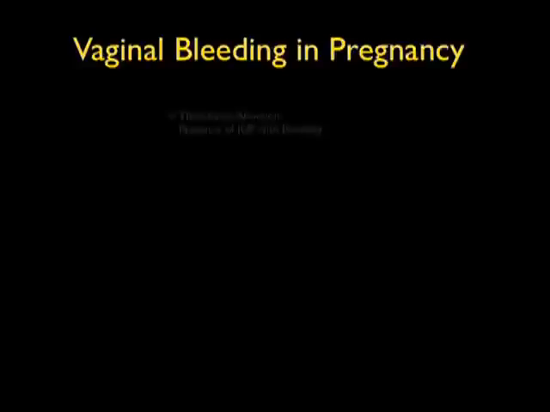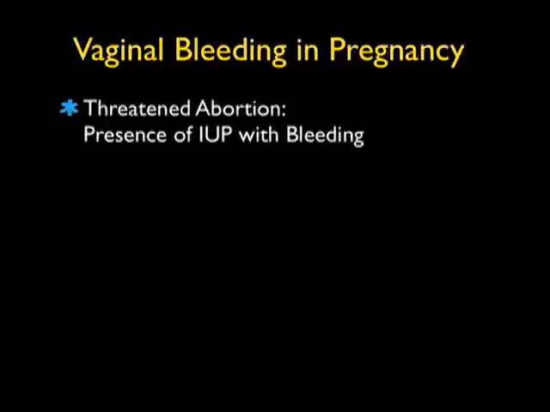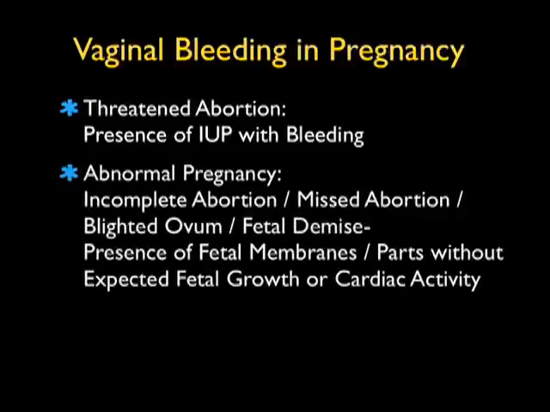When taking care of a patient who has vaginal bleeding in pregnancy, there are four main classifications of diagnoses. The first is a threatened abortion, which is defined as the presence of an intrauterine pregnancy with bleeding. The second main classification encompasses several different terms. The terms that are commonly used are incomplete abortion, missed abortion, blighted ovum, and fetal demise.